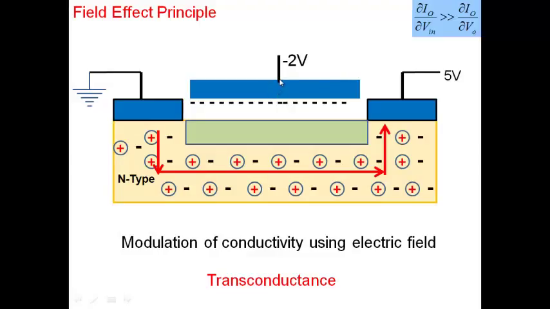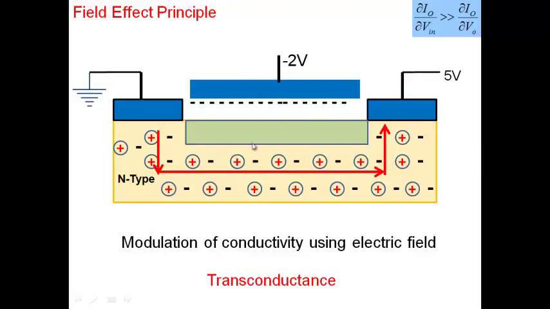This does not necessarily show that transconductance is larger than output conductance. For that, we have to do a little bit more work, but at least it exhibits the property of transconductance. So the principle is very simple, as you can see.